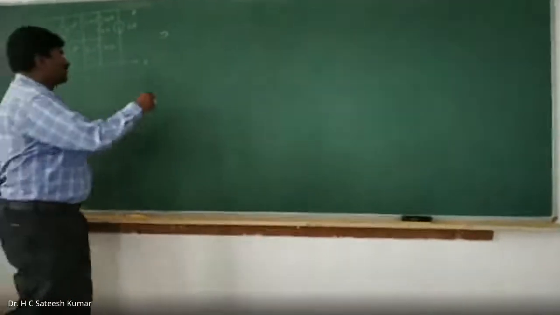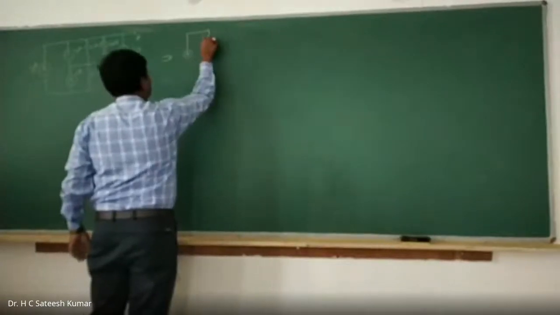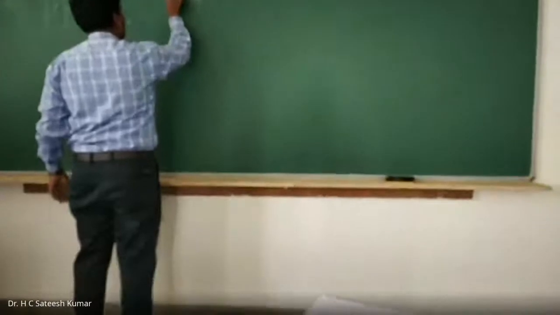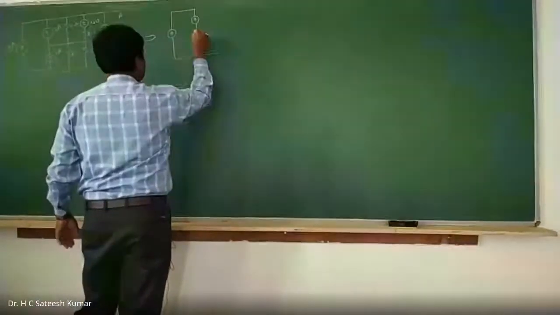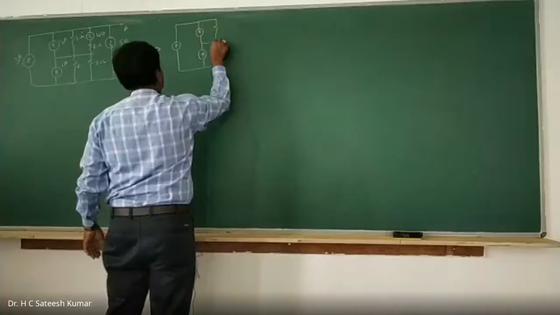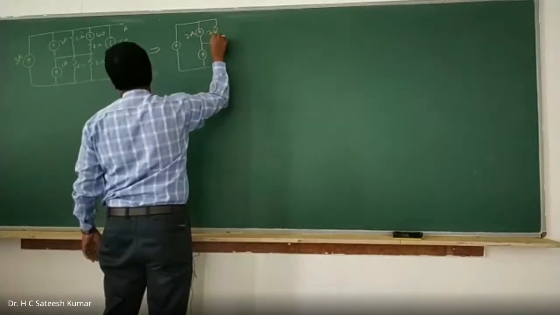Simplify it. Here this one as it is, write the current source. For parallel connections, we should convert it into a current source. So written as it is, 2 amps, 2 ohms.